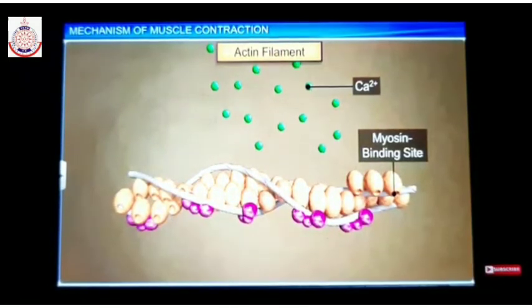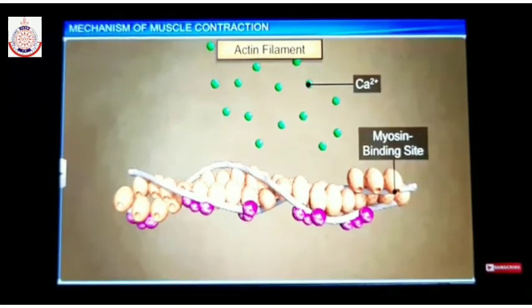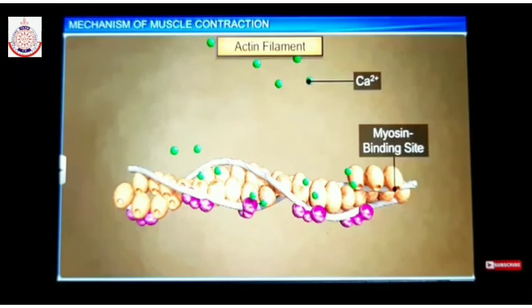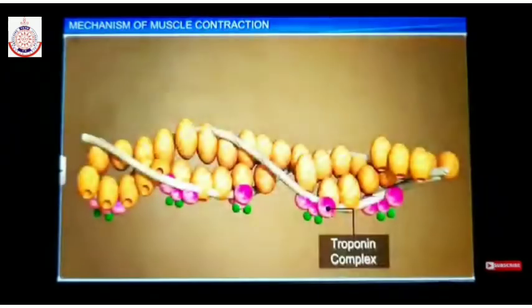These calcium ions released in the sarcoplasm bind with the troponin complex present on the actin filament to unmask the active sites for myosin head binding.